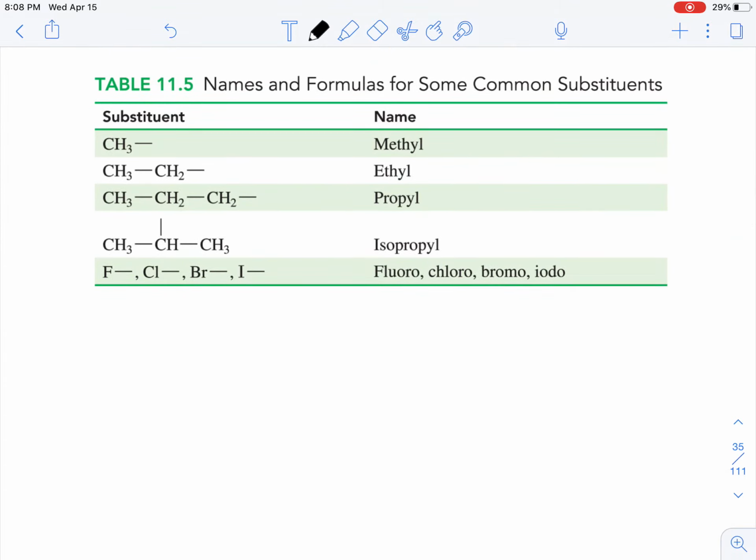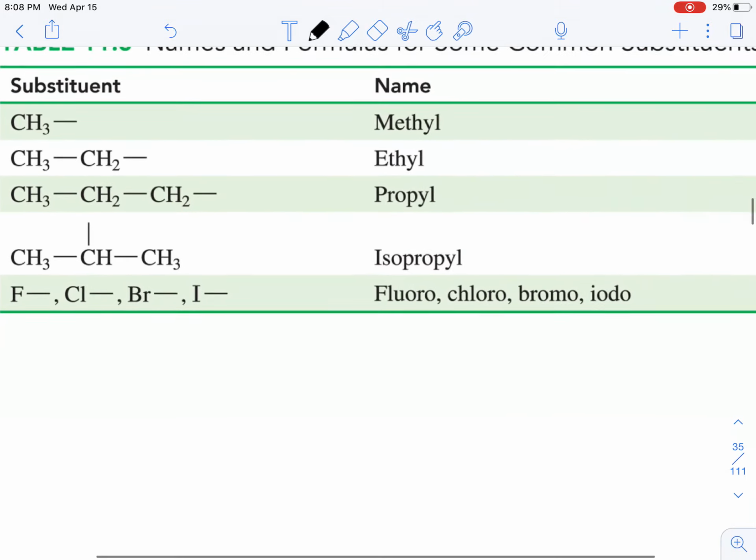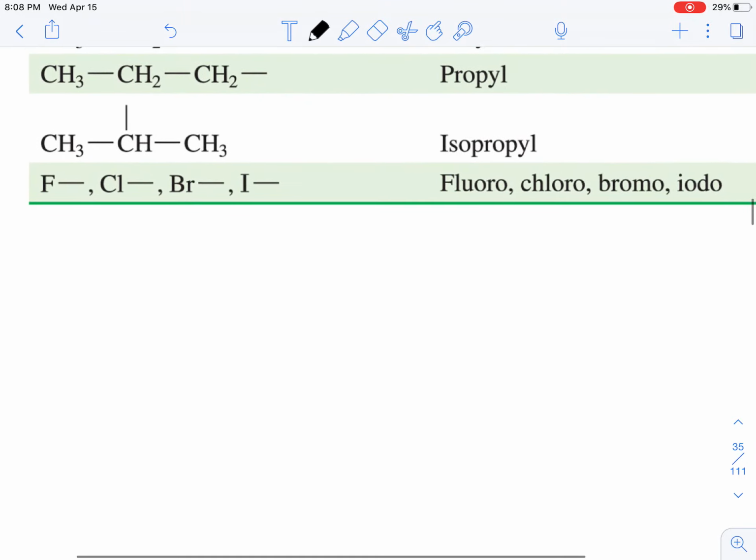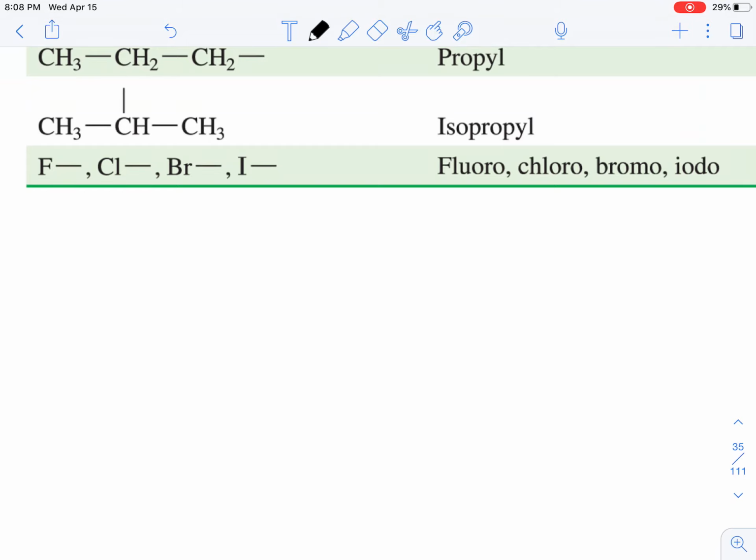Now, for your halogen-based substituents, remember that there were two different types of substituents, carbon-based and halogen-based.